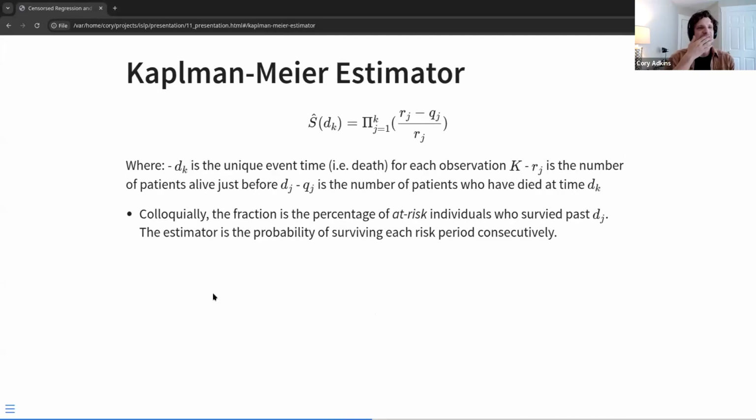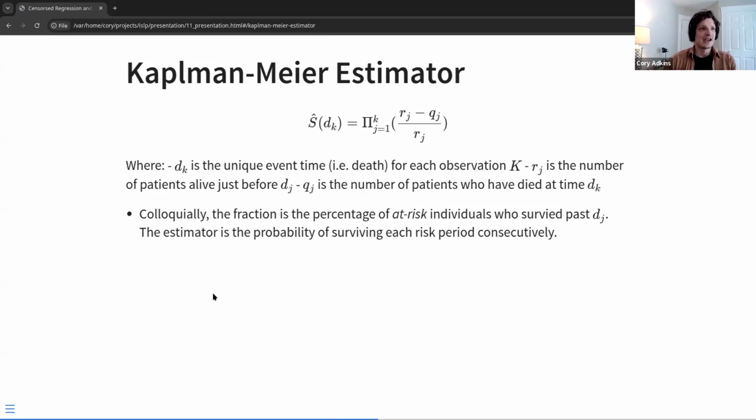The way this works, and I'll try to explain it, is that you can imagine that you have, say, 10 people, and they either die or don't die. For the ones who do die, they have a unique event time, which in this case is their death. Before each unique event time, you might have dropouts not due to death, like they lose contact or whatever.